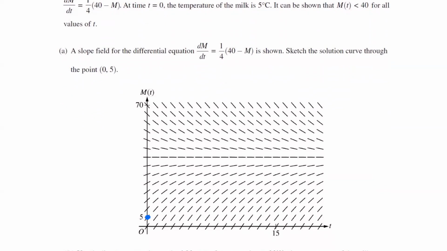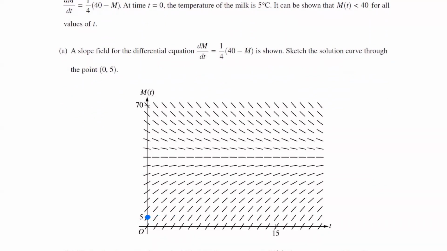So how can we sketch this solution? We have to move along the slope field. We are not moving perpendicular to it, and we are not moving at some other angle, so these are all incorrect answers.